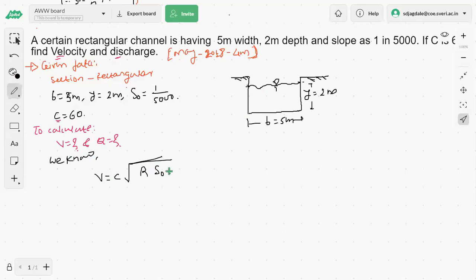Okay, V equals C root R S naught. Give it as equation number 1.